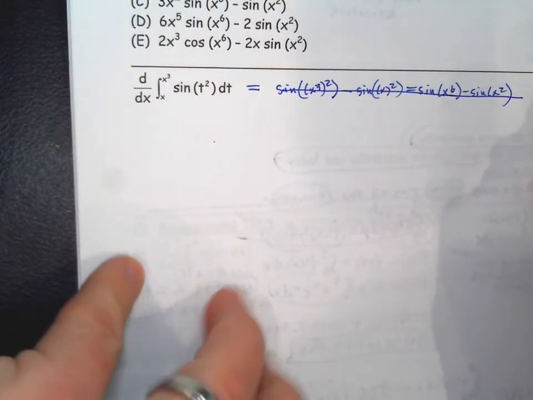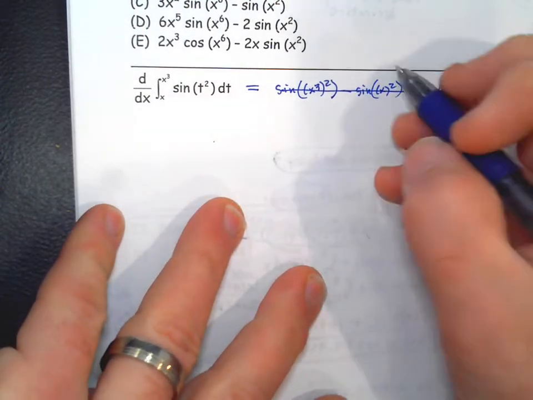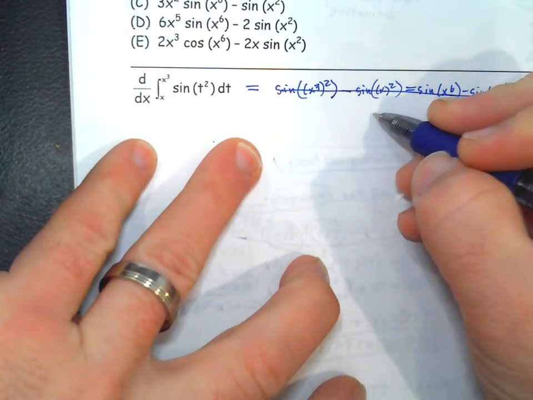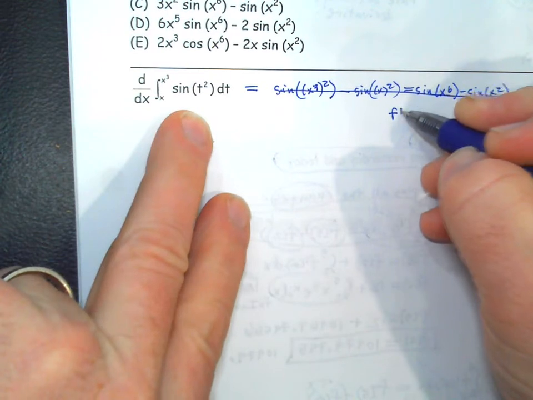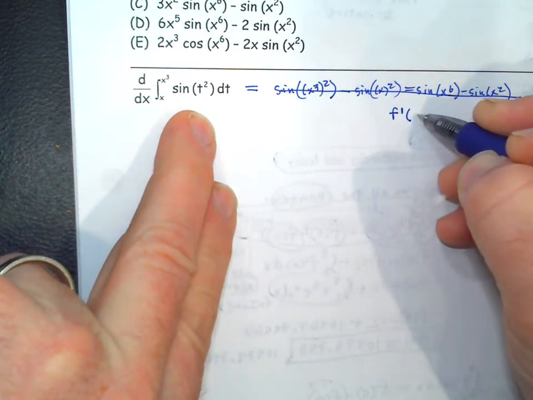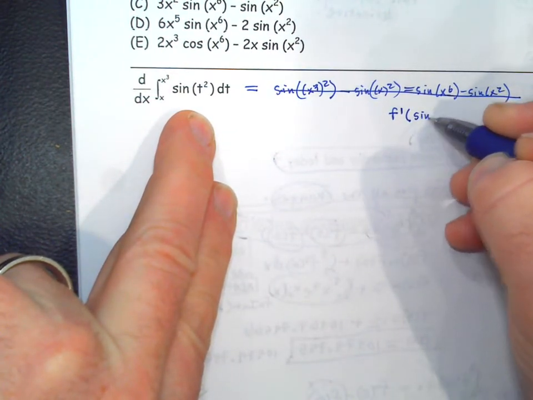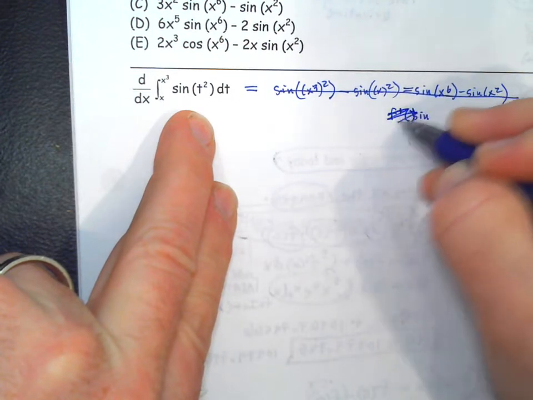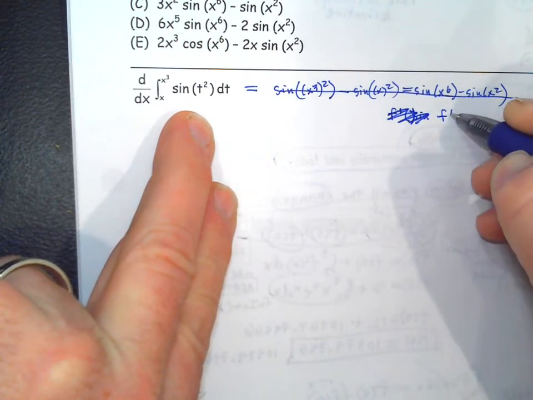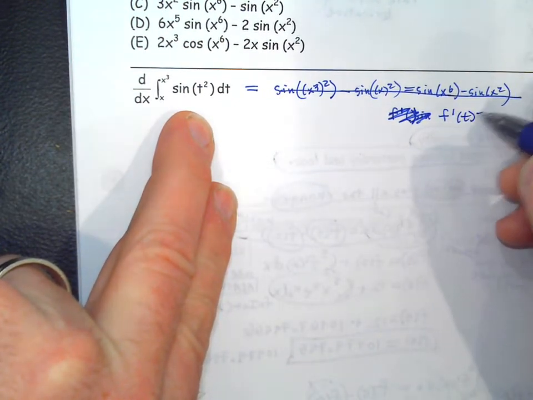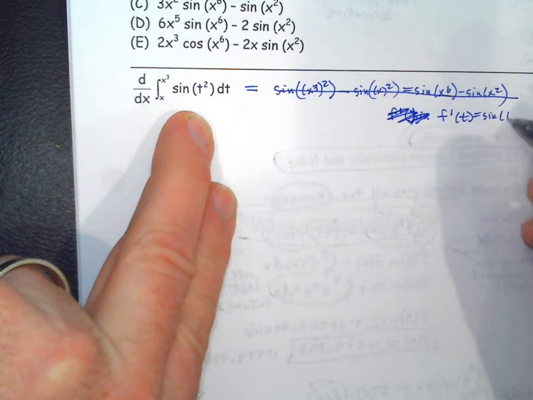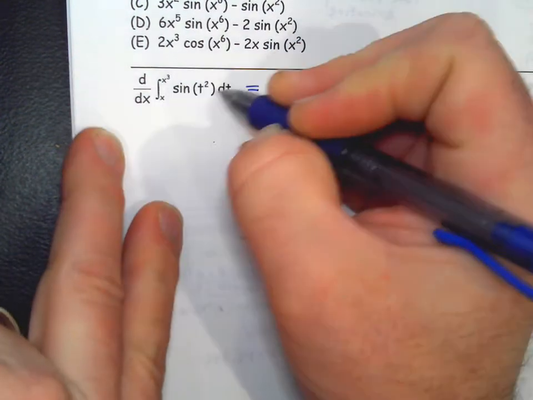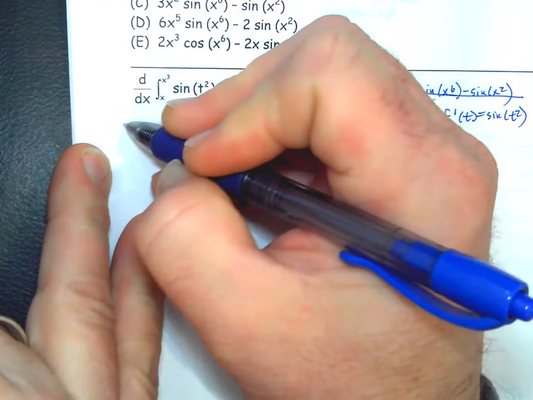Okay. So let's take a break for a second and let's treat this as like the derivative. F prime of t equals sine t squared. So I'm going to pretend that this is the derivative of a function first. And I'm going to rewrite it.